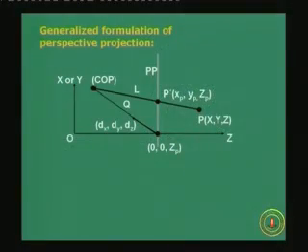And if you look at the screen, you have the picture which gives you the very general scenario of perspective transformation or perspective projection specifically, where with respect to the screen you have the x and z coordinates, or the y and z, you can take a right handed system.